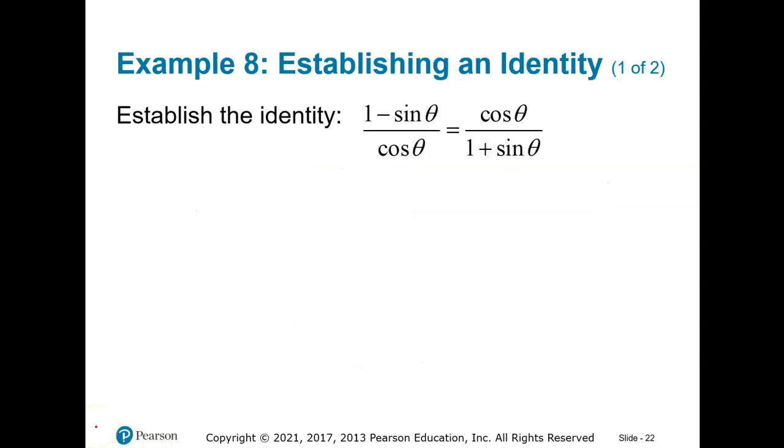All right, so in this expression, I see 1 minus sine, I see cosine on the right, 1 plus sine on the bottom. So in this case, it's either or. We could start with the left because they're virtually the same as far as which is more complex. We could multiply the left side by the conjugate of the numerator, or we can multiply the right side by the conjugate of the denominator.